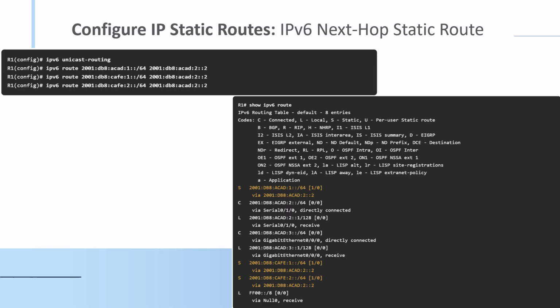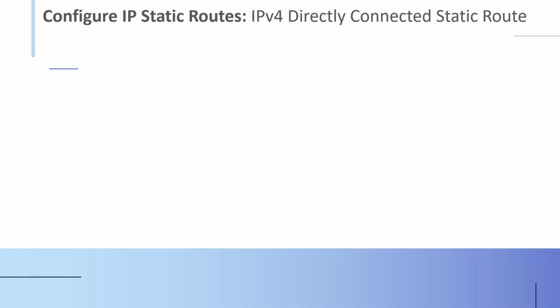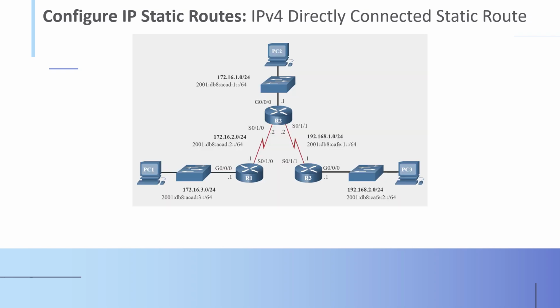Now, again, based on the dual stack topology, let's see the IPv4 directly connected static route. When we configure a static route, another option is to use the exit interface to specify the next hop router. So based on the dual stack topology, we have the option to configure directly connected IPv4 static routes on router 1.